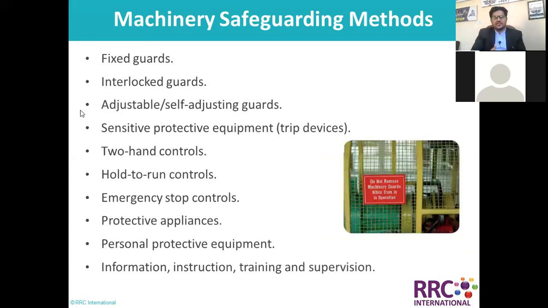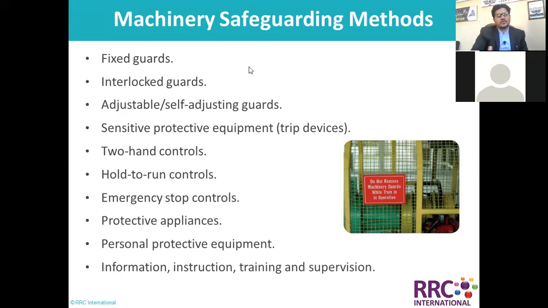Like machinery safeguarding methods. What are the safeguarding methods? We can have fixed guards, interlocked guards, adjustable and self-adjusting guards, and all of this comes in the design phase, rather than you purchase the machine, conduct a risk assessment and find several safety features missing.